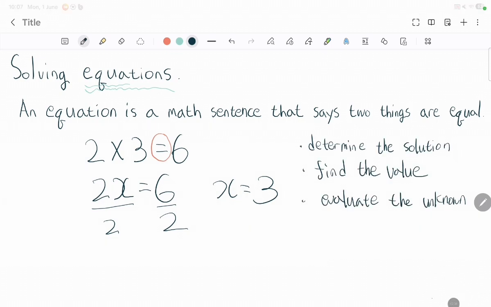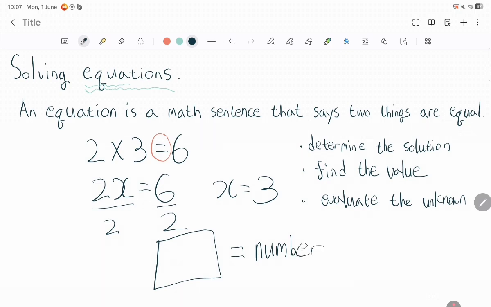So when we solve equations, what we have to find is the value of the variable or variables. In this case, there is only one variable, and what you want is just one variable on the left-hand side, then equals a number. If you find that number, then basically you've solved the equation. Let's have a look at a few more examples.